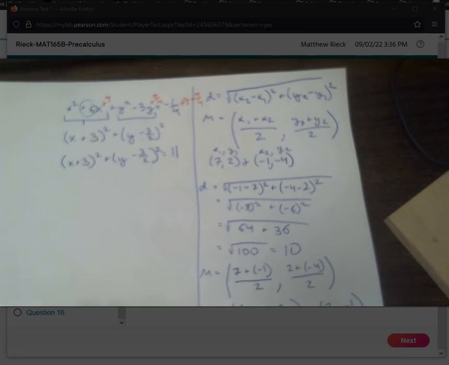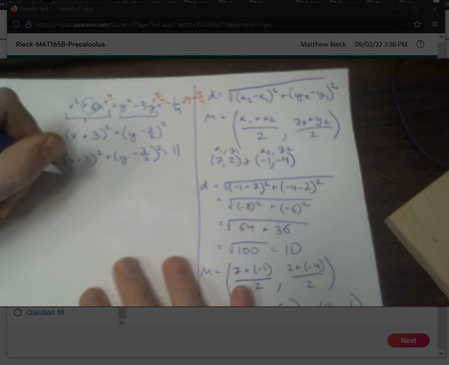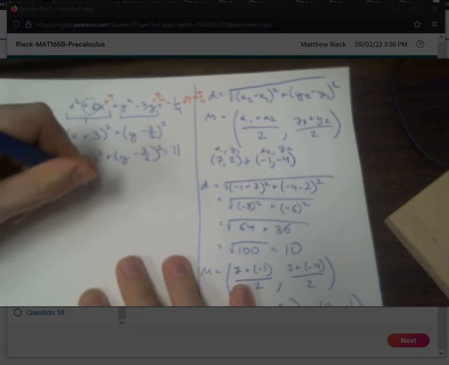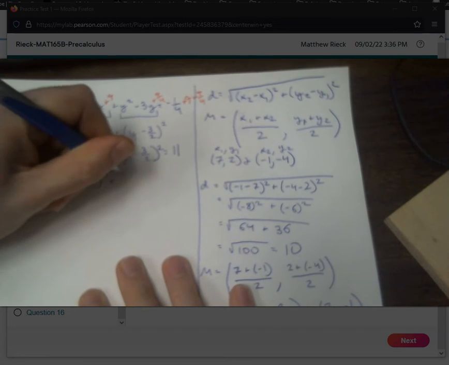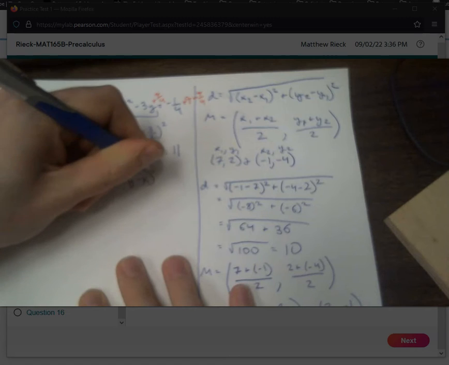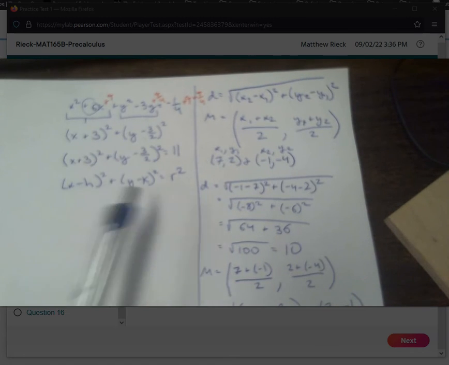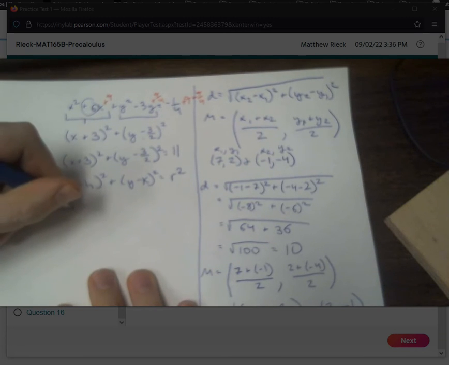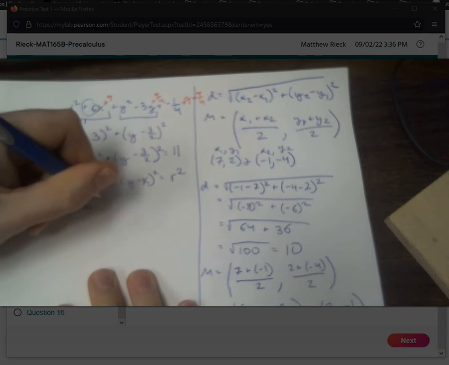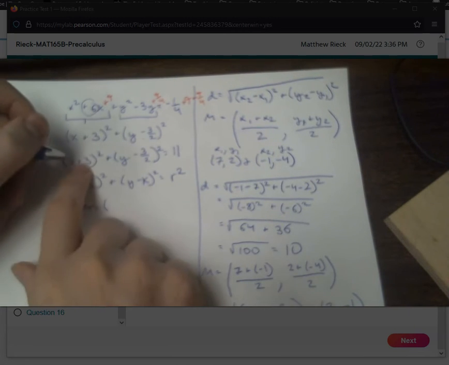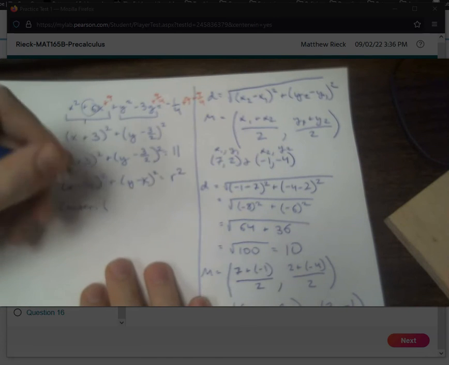All right. Which again, if I have the equation, the center radius form for the circle is x minus h squared plus y minus k squared equals r squared. Where h and k represent the x and y coordinates of your center, respectively, and your r represents your radius. So in this case, my center is going to be, again, we just keep the same numbers, but we just switch the signs.